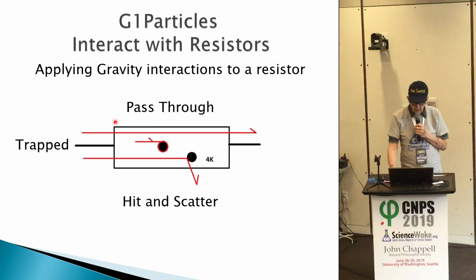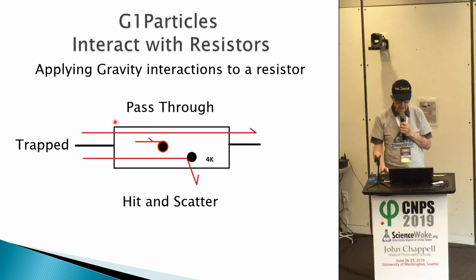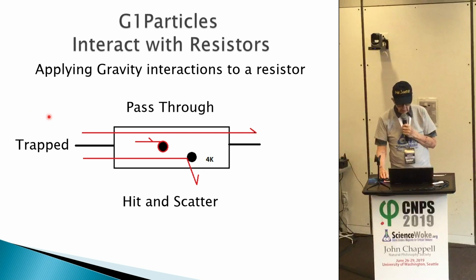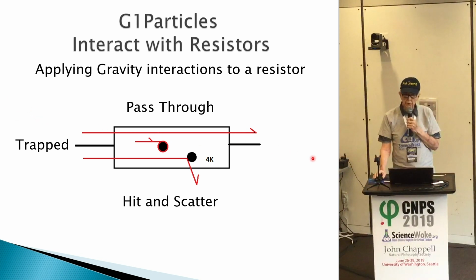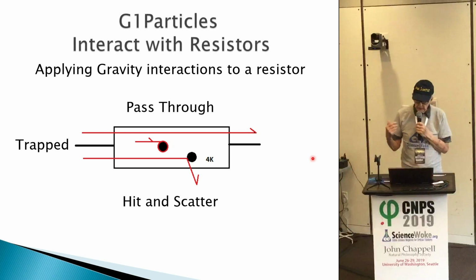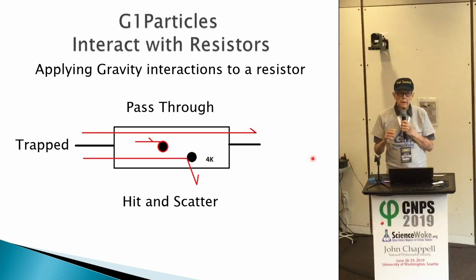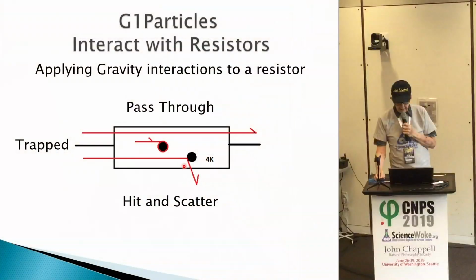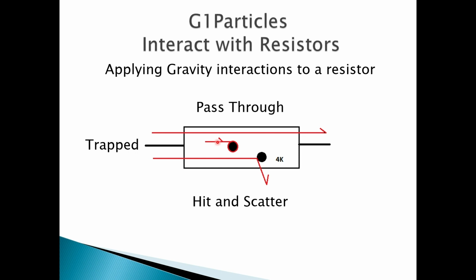Okay, this is an example of the G1 particle passing through the resistor. It comes in this way, passes straight on through. Most of them, in all cases, not just every component, inductor, capacitor, most of them pass through. Some of them will come and hit and scatter. Some of them, if they're the right distance, the right direction, and the right velocity, they can actually get trapped.